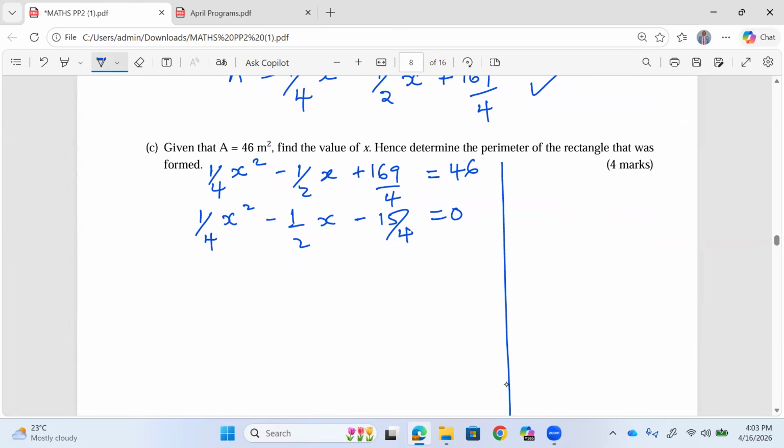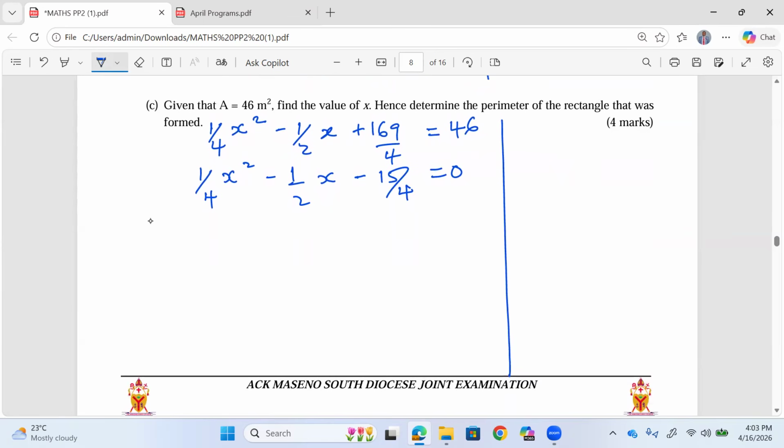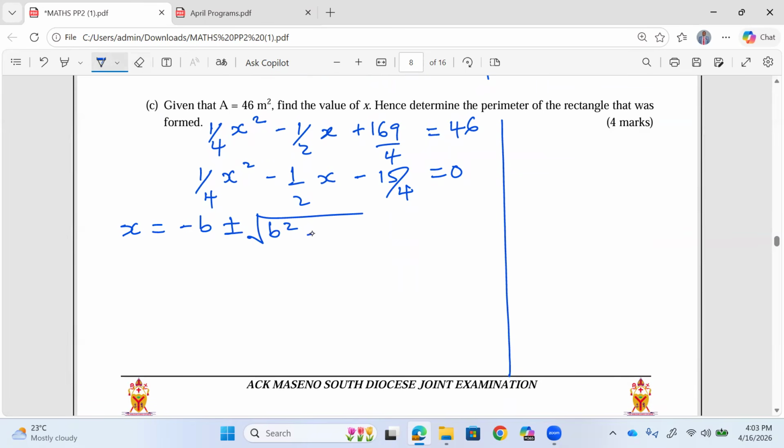Allow me to use the quadratic formula that says, for us to get the value of x, we need negative b, plus or minus the square root of b squared minus 4ac, everything over 2a. So we substitute now. According to our equation, a is a quarter, b is negative half, and c is negative 15/4.